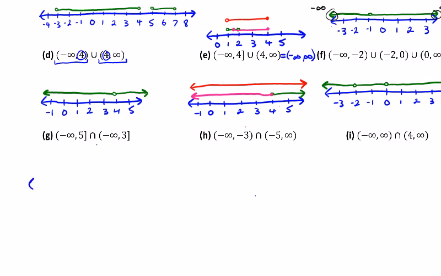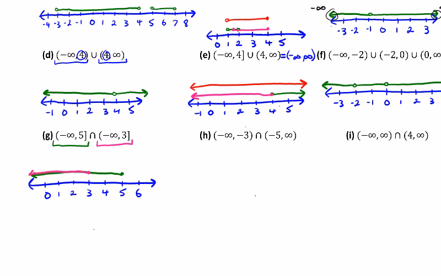So let me go ahead and draw a number line. And we'll get some different colors here. Let's stick with green for the moment. -infinity to 5, closed at 5, everything to the left. -infinity to 3, let me get my pink pen out. -infinity to 3, that's going to be closed at 3, and then everything to the left.